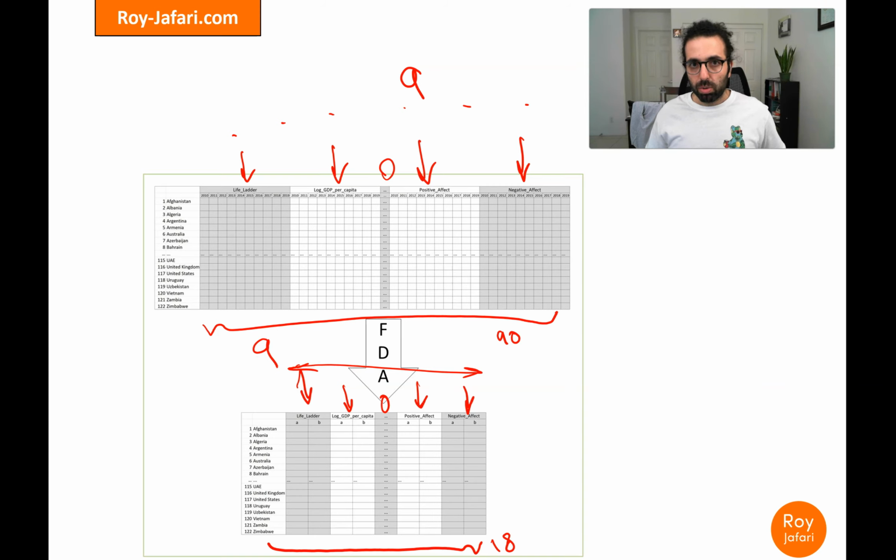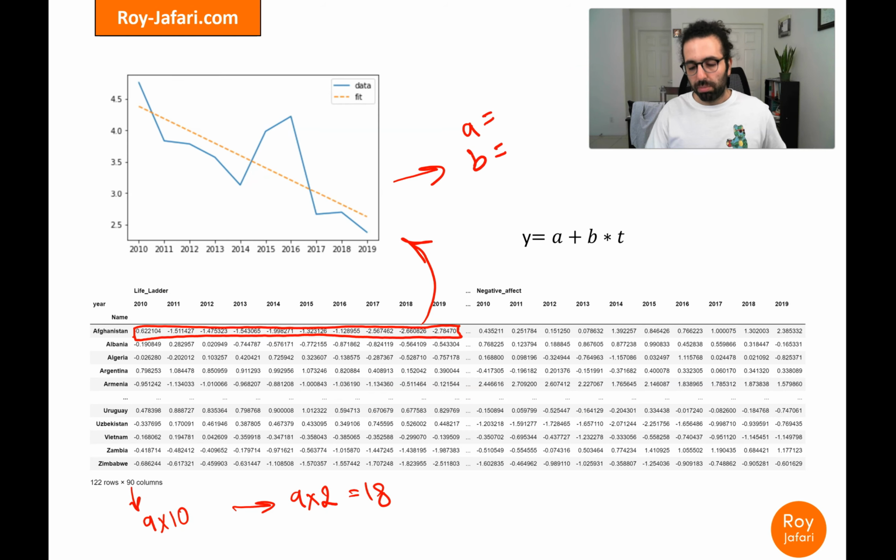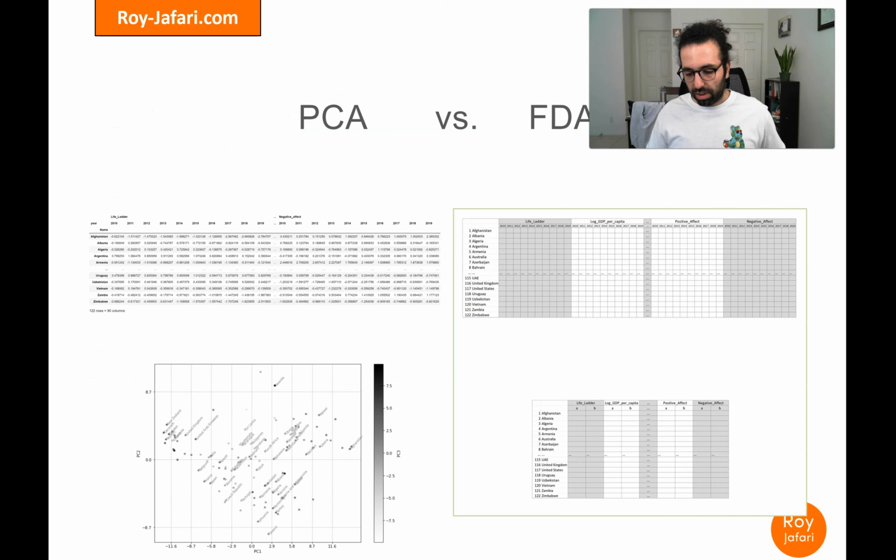We managed to reduce the size of the data significantly, at the same time keeping the most important parts of the data for ourselves. So if you pay attention, the difference between PCA and FDA here is that with PCA we managed to reduce the size of the data from 90 to 3, right? And here we reduced the size of the data from 90 attributes to 18 attributes.